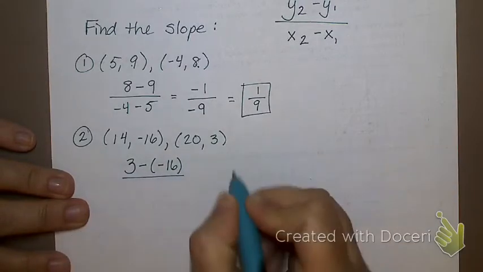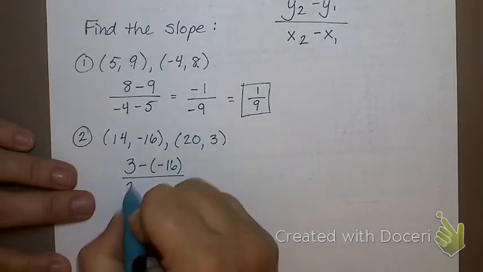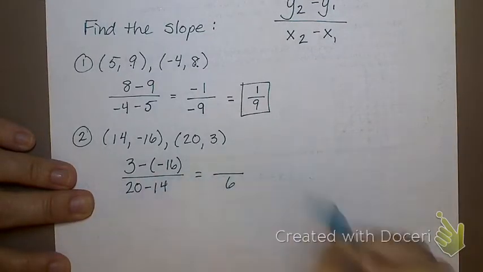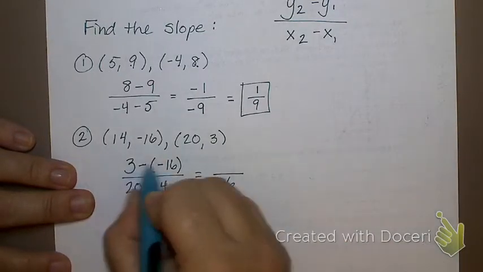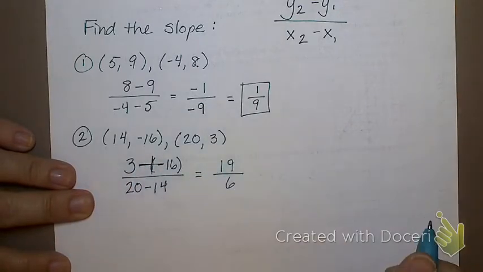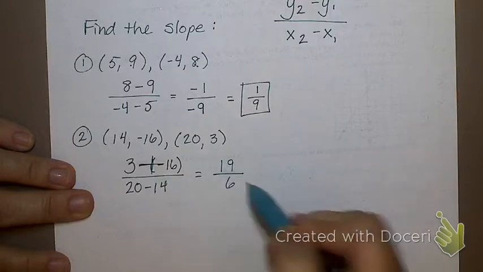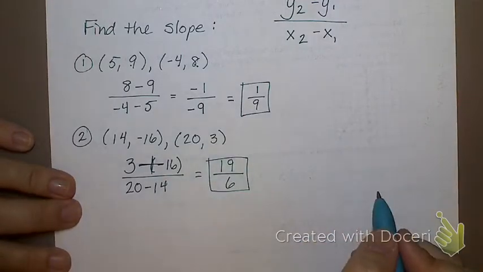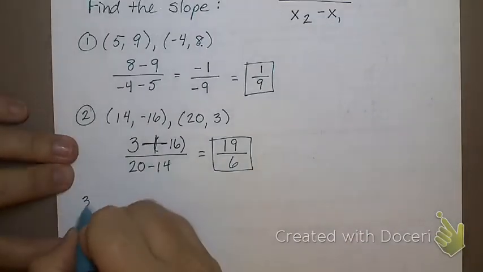It's going to turn into adding, isn't it? And then I have 20 minus 14. Well, I know 20 minus 14 is 6. 3 minus a -16, that's going to become a plus, and I have 19, don't I? That's ugly, but does it reduce? No. So it's just going to stay ugly. How about this one?